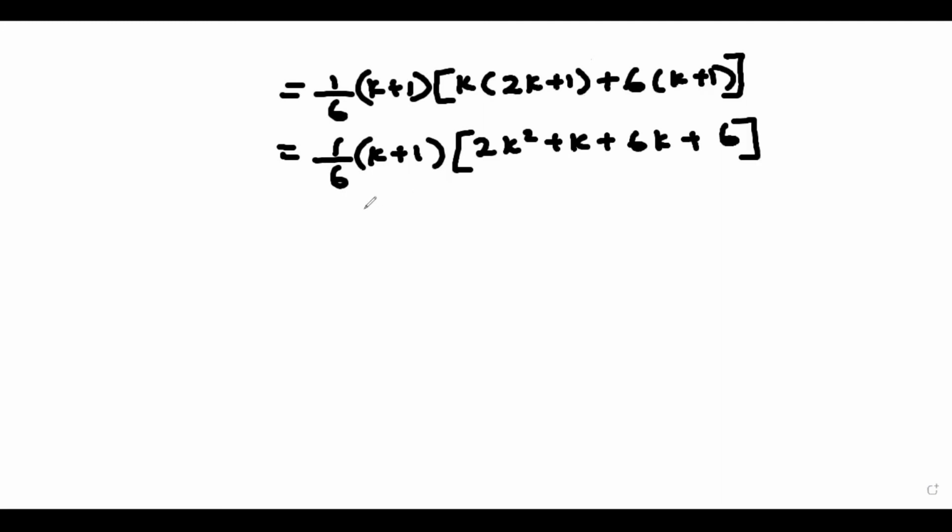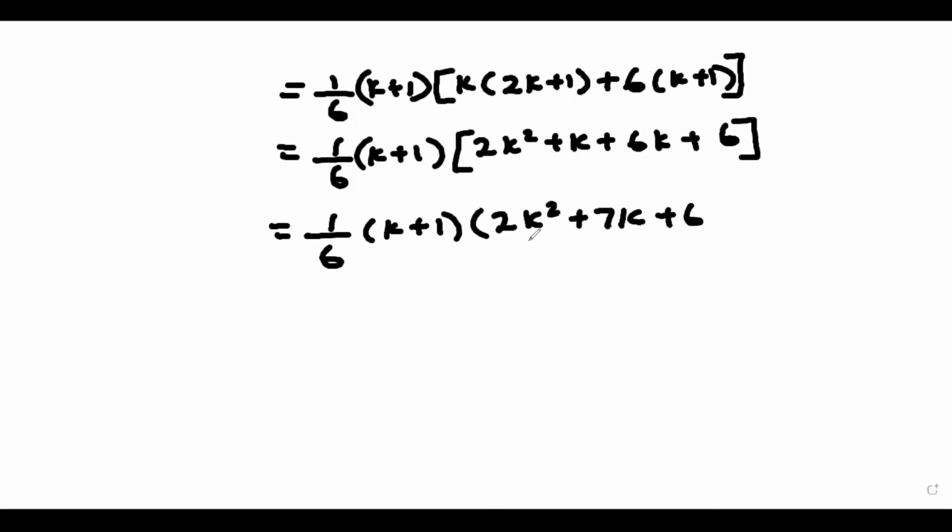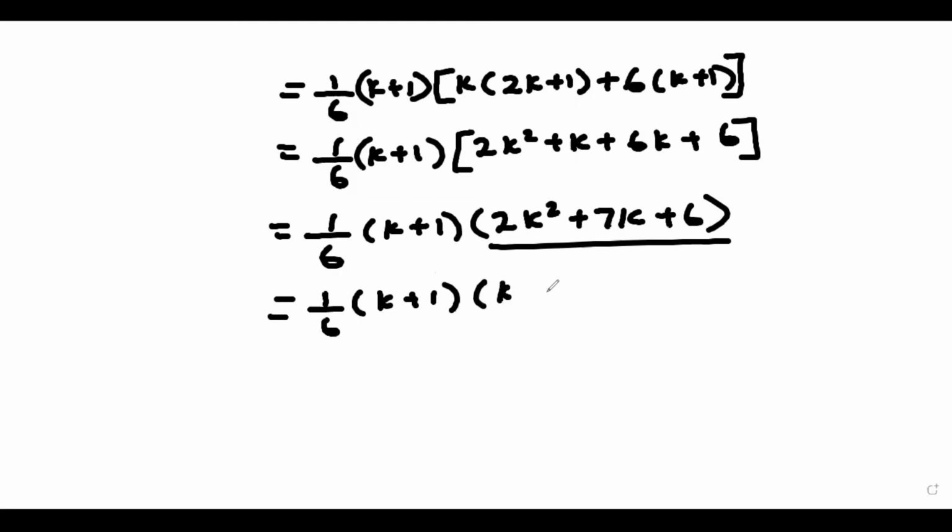That's going to give us 1 over 6 k plus 1, 2k squared plus 7k plus 6. Then we can factor this. And if we factor it, we're going to get k plus 2, 2k plus 3, which is what we had up top initially.